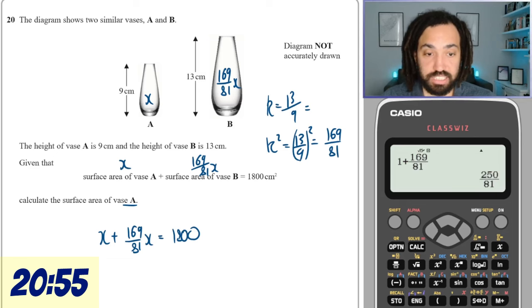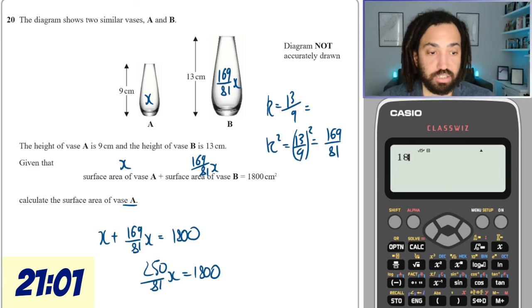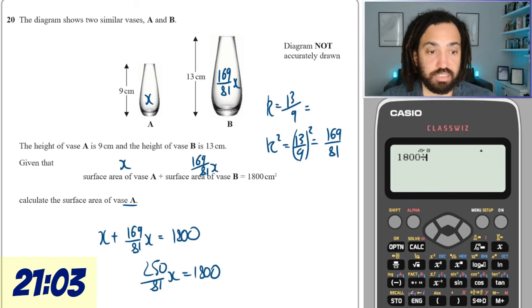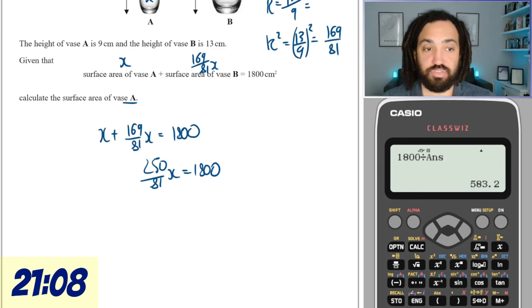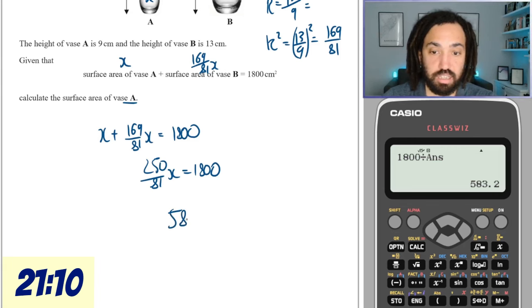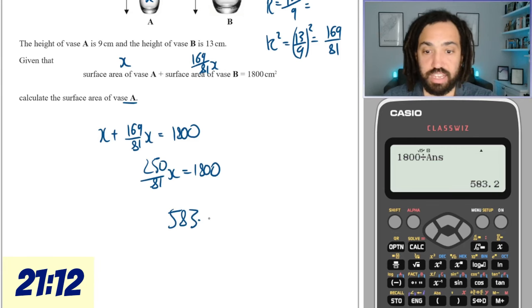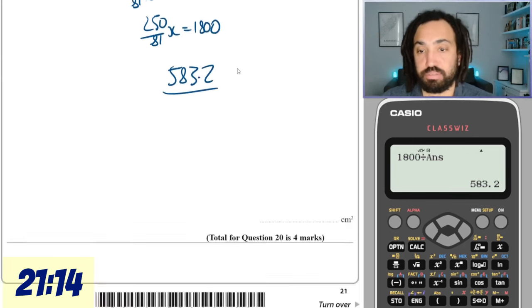So that's the number of x's. So 250 over 81x is equal to 1800. So I'm going to do 1800 divided by that answer, and that's going to give me a value of 583.2. Okay, bosh.